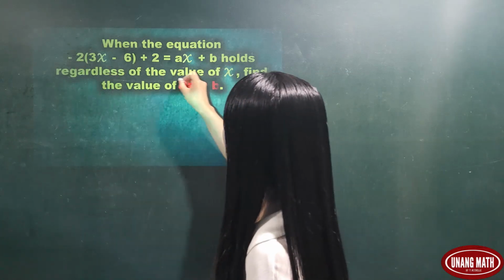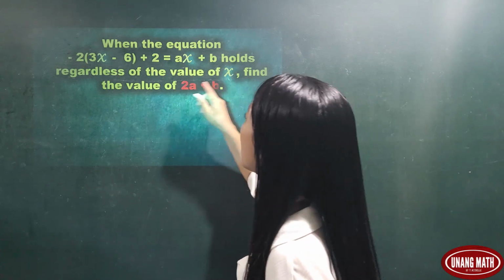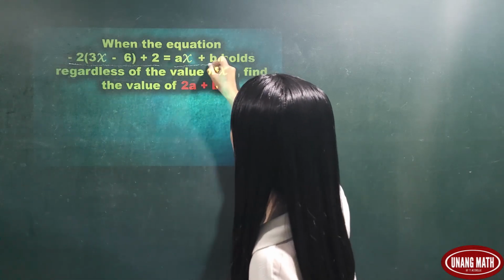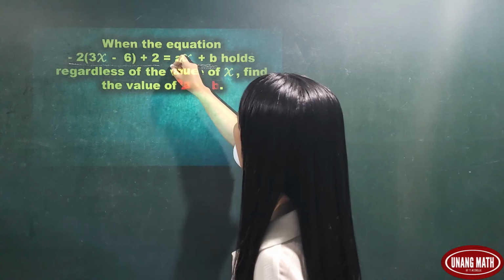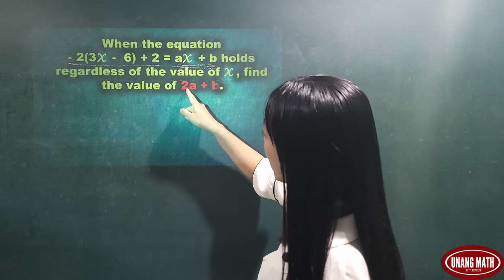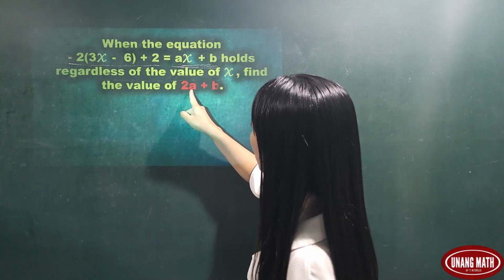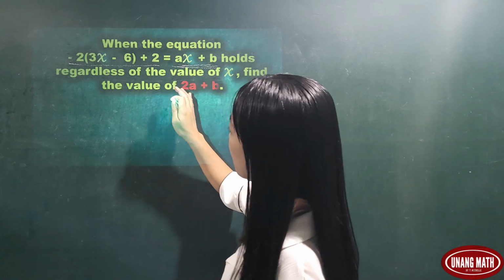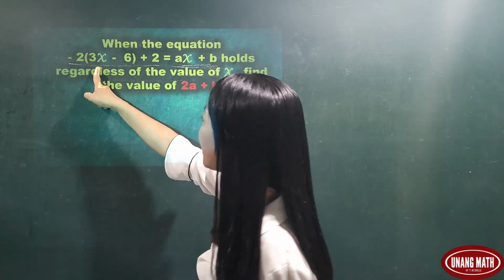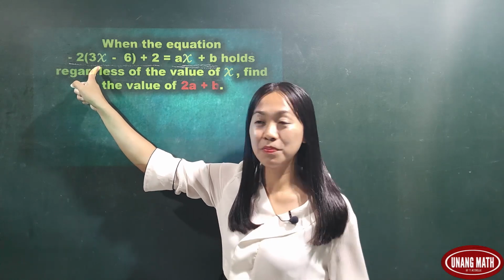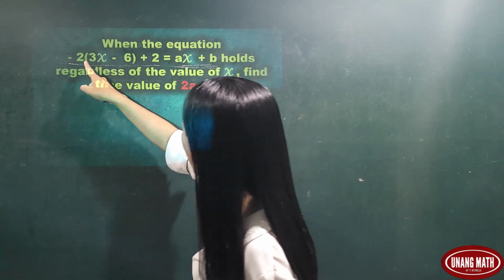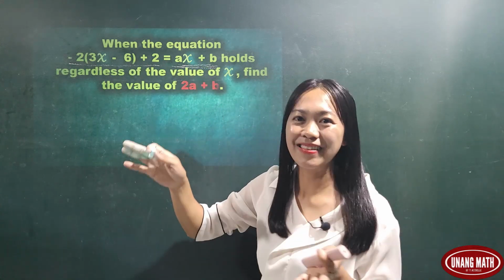Regardless of the value of x, that means this expression is equal or the same to the expression ax plus b. Before we can do that, the expression inside the parentheses must be simplified first, or we need to remove this parenthesis so we can compare easily.